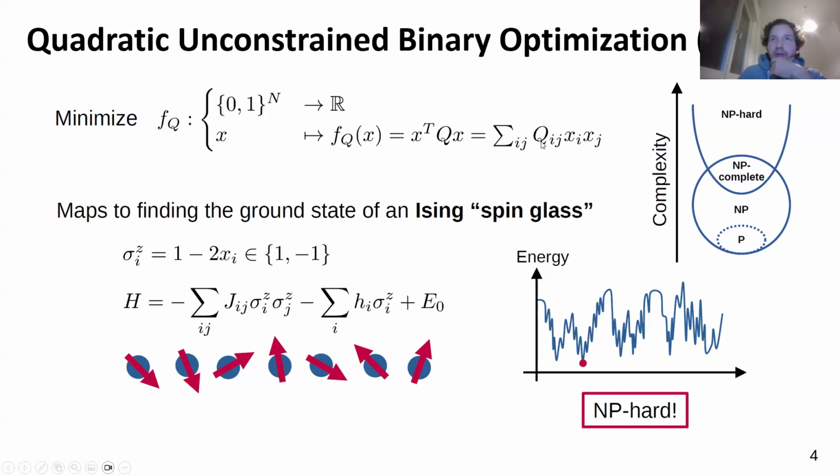This classical cost function can be easily translated to a quantum Hamiltonian by introducing spins for each classical variable, giving a Hamiltonian with 2-body interactions and local fields, where the ground state encodes the solution to our classical optimization problem. Finding this ground state is generally hard because it is like a spin-glass system with a very rough energy landscape with many local minima, and finding the global optimum is generally a hard problem.